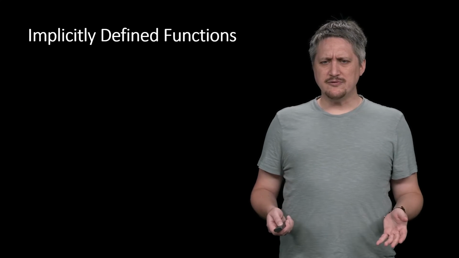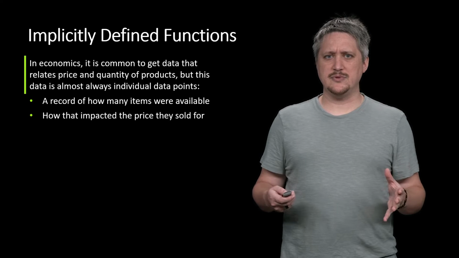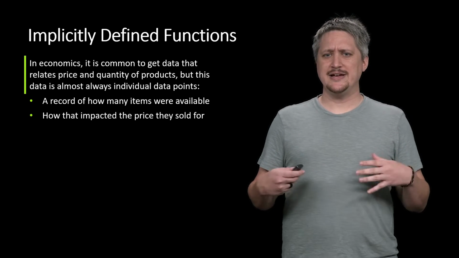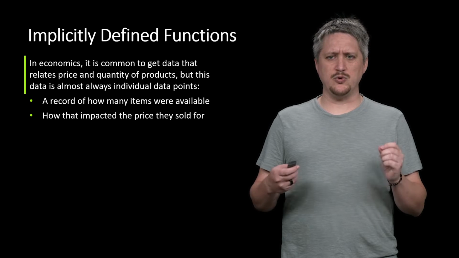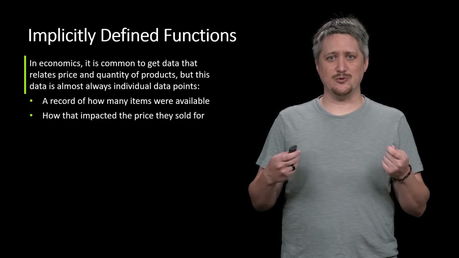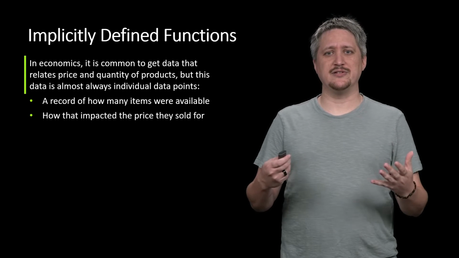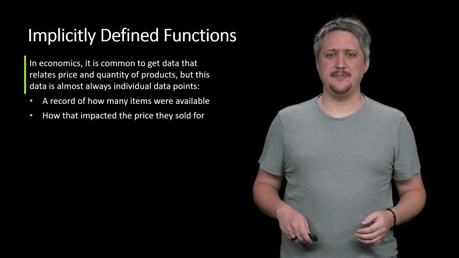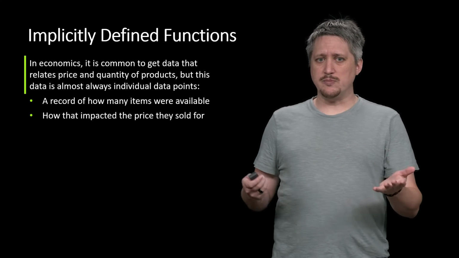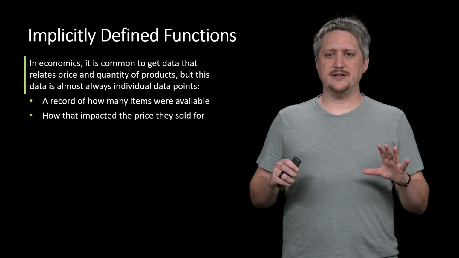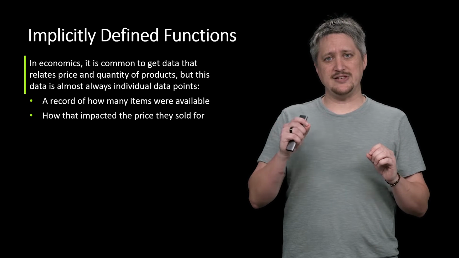So for the first one, it's very common to happen in economics. In economics, you often get data sheets or information that's just a bunch of points. For example, we might see something that relates price and quantity, and the problem is that you have all these individual data points.